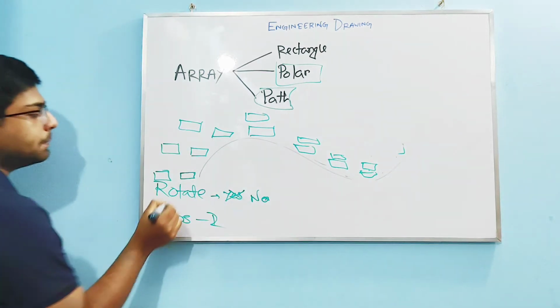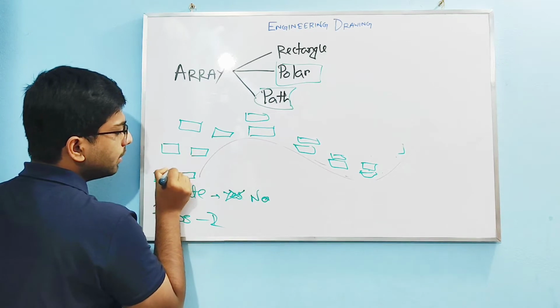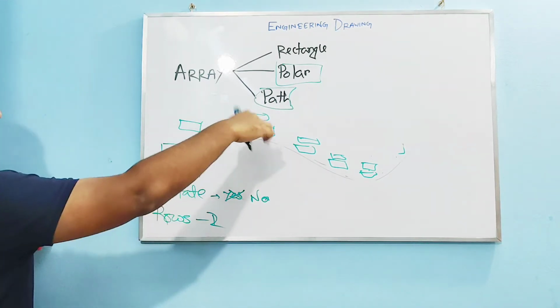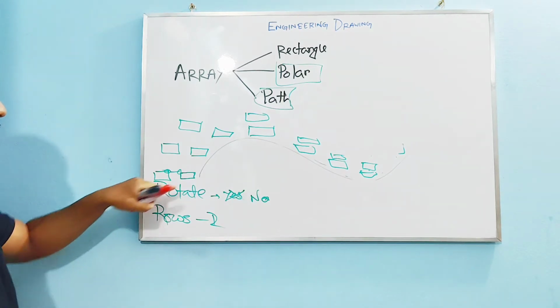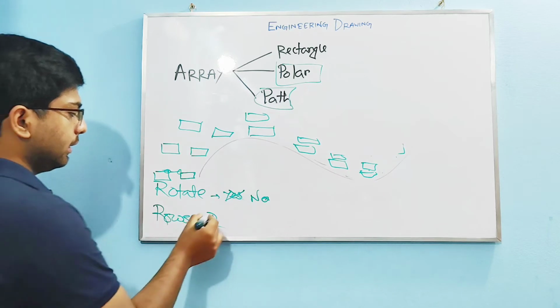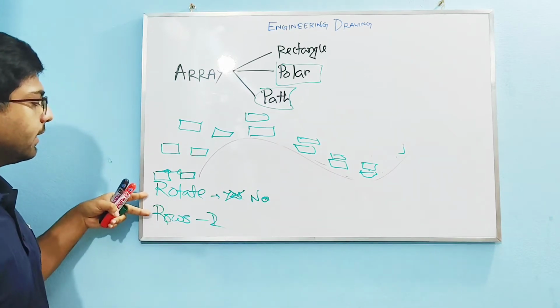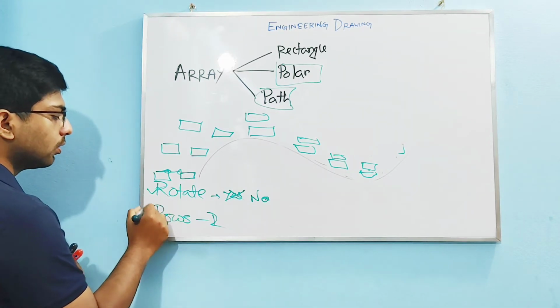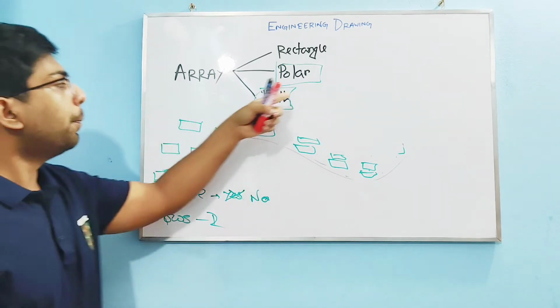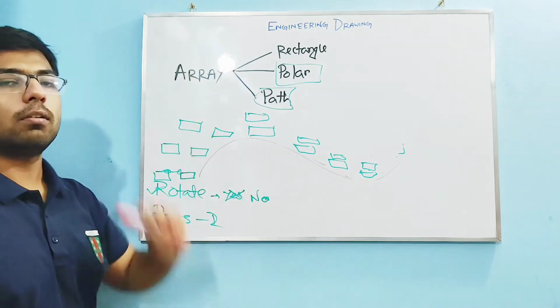And you can also specify the distance between the objects in the same row. Okay? Objects in the same column. Okay. So these are two different things, rotate and rows, that you can also specify while you are using the polar or path option in our array command.